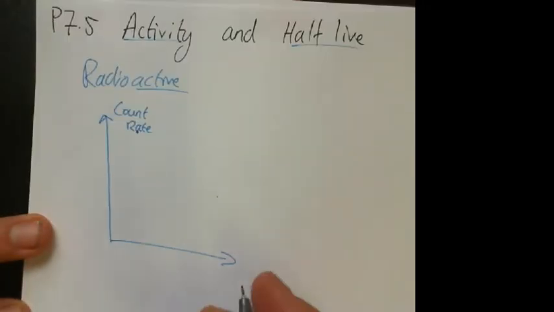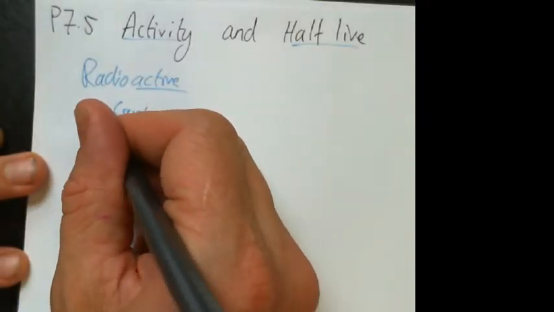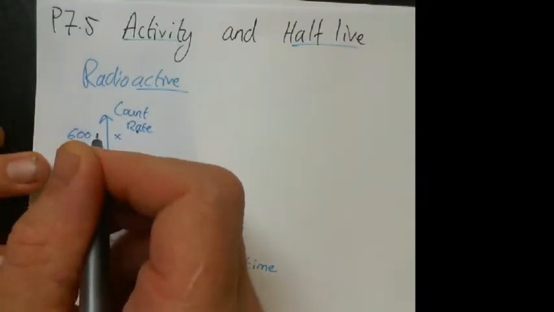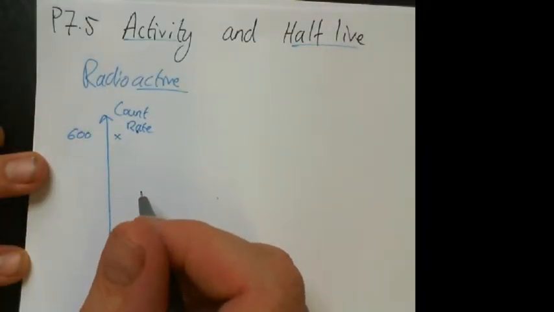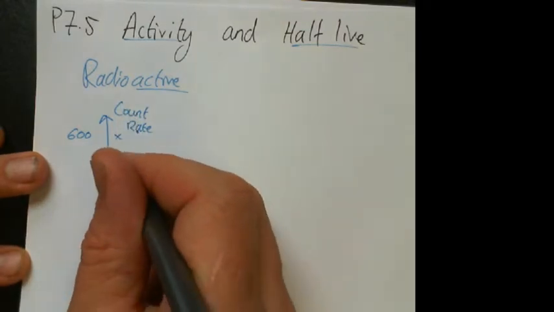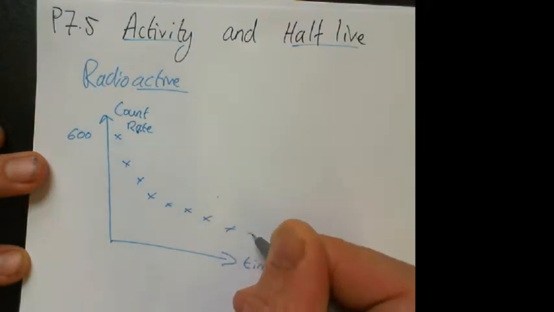So count rate and time. Let's say we start off with a count rate of 600. Then we keep recording over time how that count rate is changing.